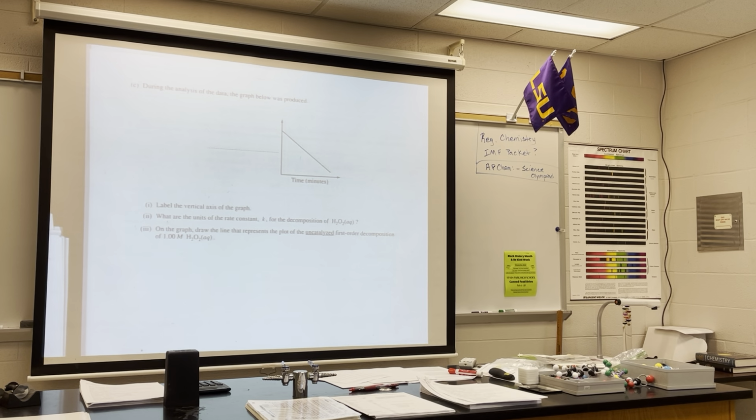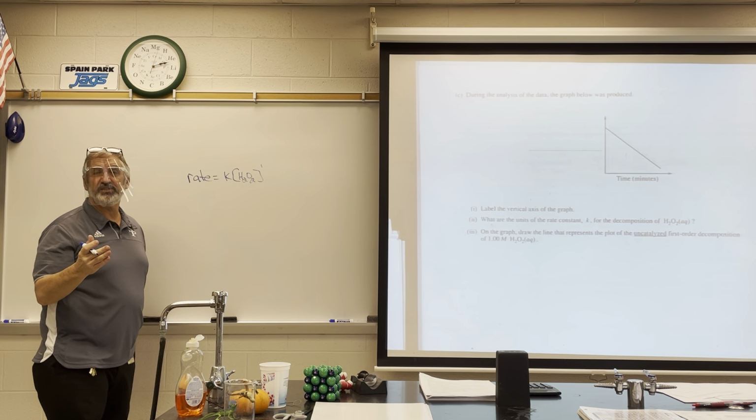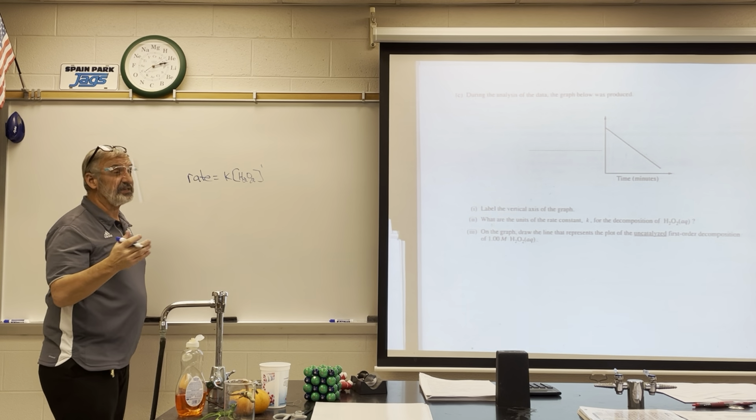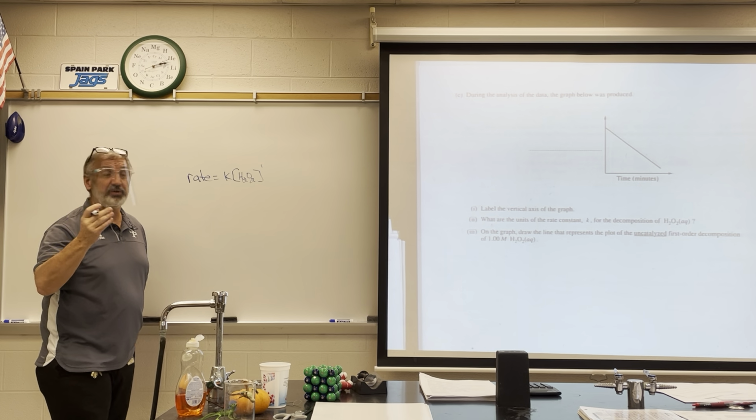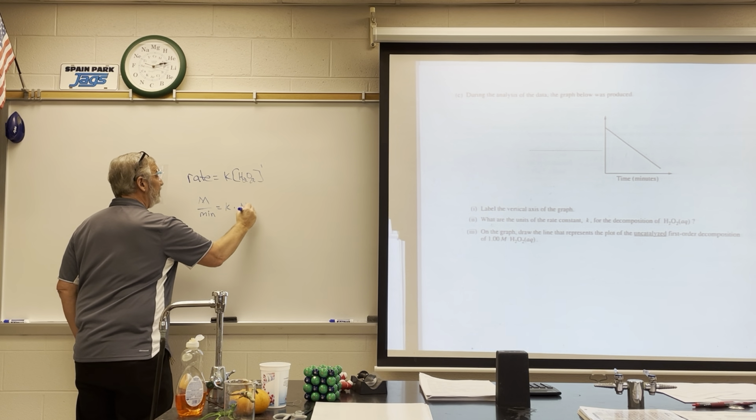Rate is always measured in, if you go back to the first page, molarity per what? Minutes. So that's the only thing you have to double check: molarity per minute is equal to k times molarity.